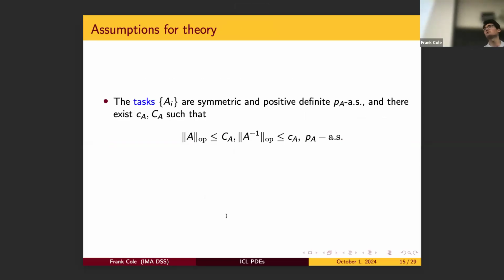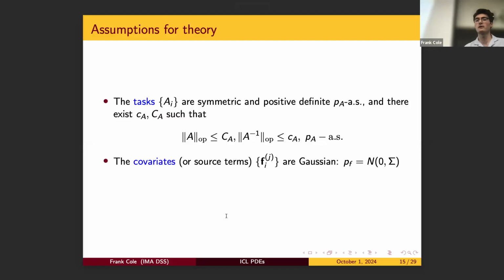So we need some assumptions for the theory, and I think they're pretty mild. So for the task matrices, we just assume that they're symmetric and uniformly positive definite, in the sense that you have these upper bounds on the norms of the task matrix A and the inverse of A that hold uniformly. I think some kind of bounds on enough moments would be sufficient for most of our arguments, but it's just simpler to assume these uniform bounds.